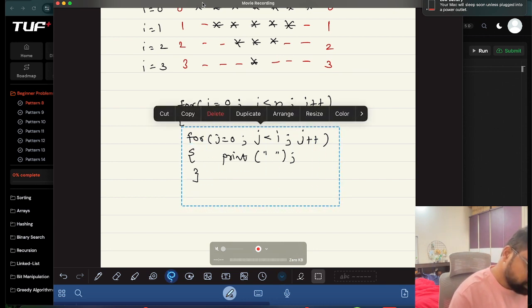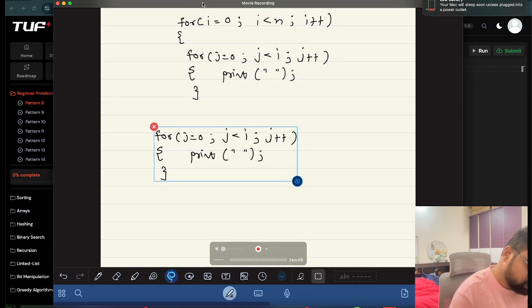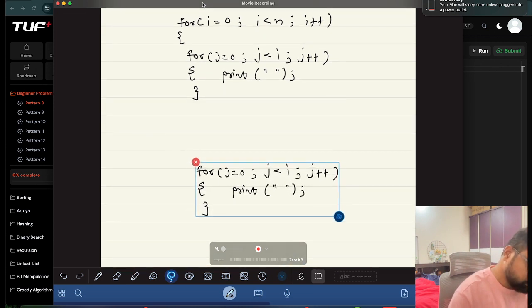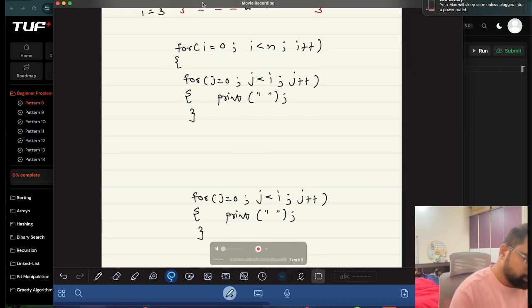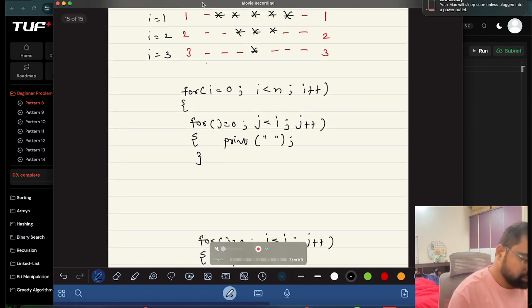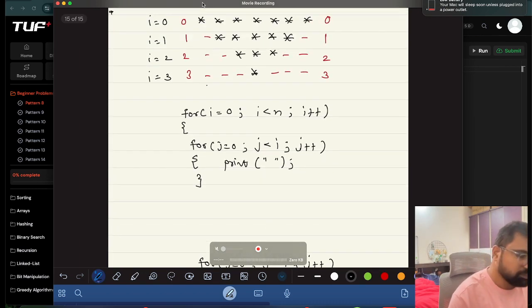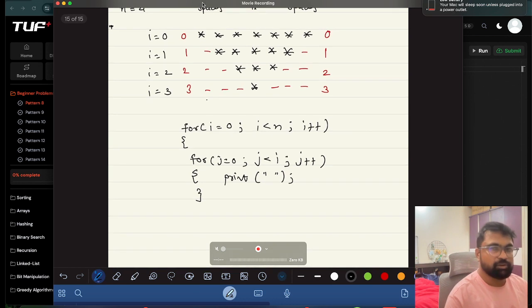So we will just copy this and paste it here. Okay, so till now it's clear. This for loop is for the leading spaces, and this one is for the spaces at the end. So that is clear. Okay, we have found out that logic using i.